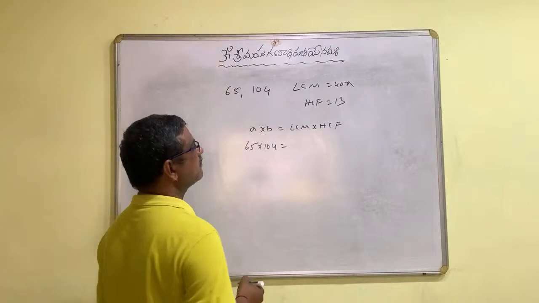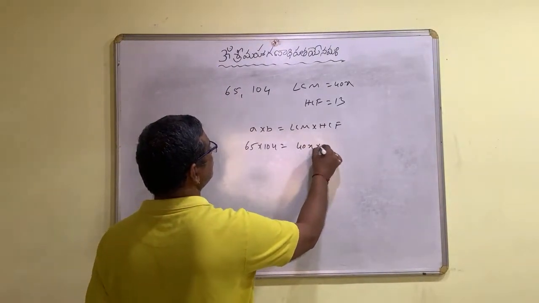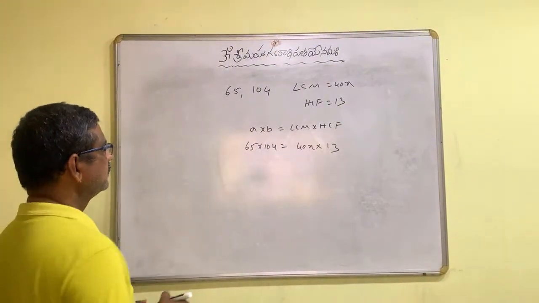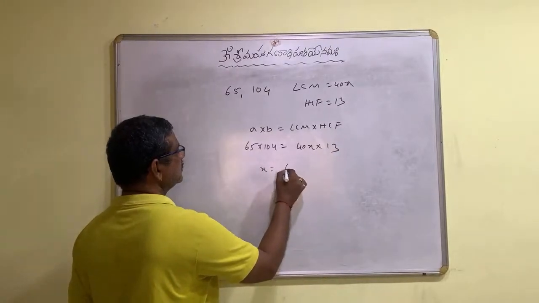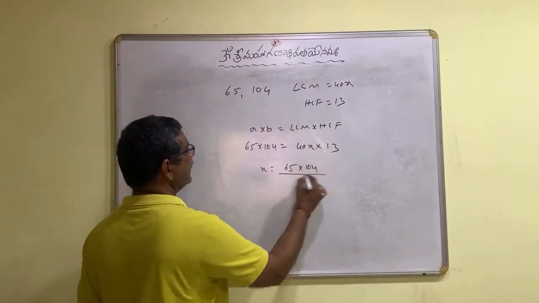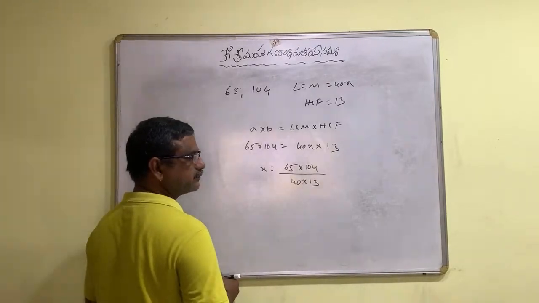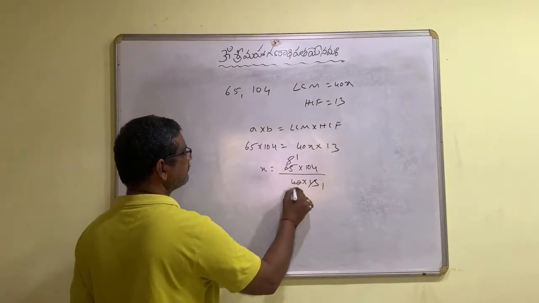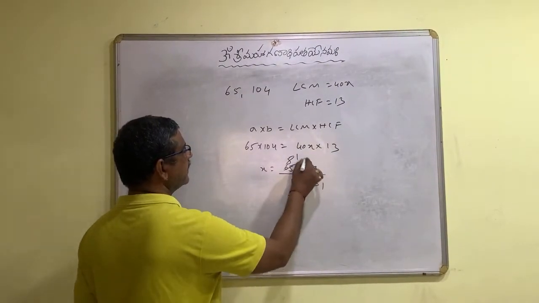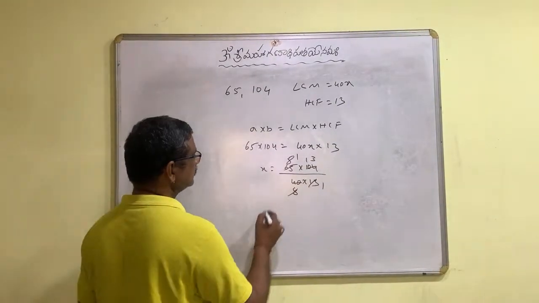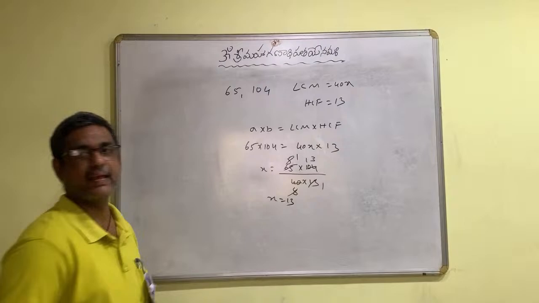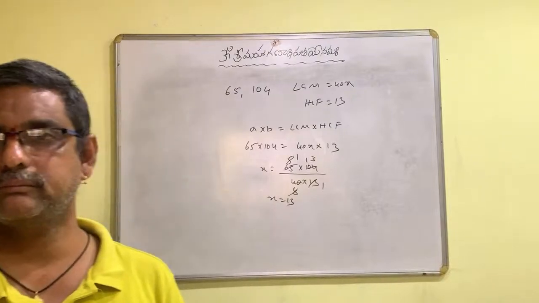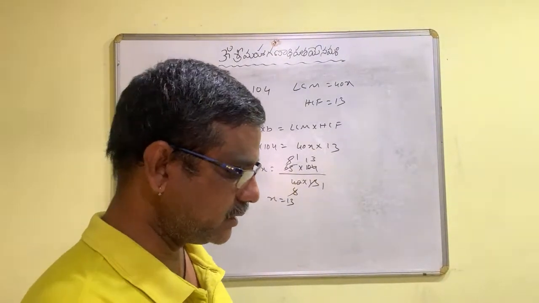So 65 into 104 is equal to LCM 40x, HCF 13. Then x is equal to 65 into 104 by 40 into 13. 13 ones are 13, 13 fives are 65, 5 ones are 5, 5 eights are 40, so x is 13. So option D.